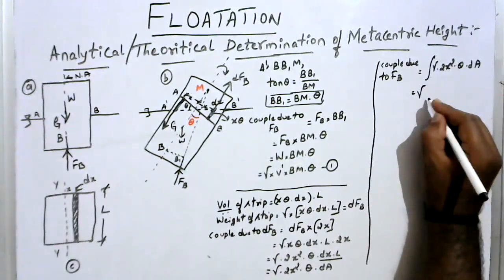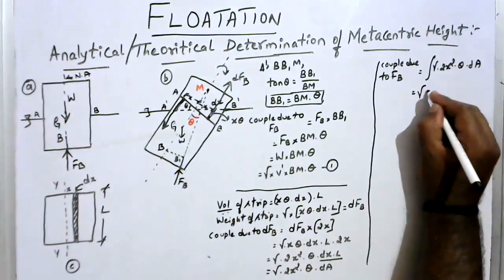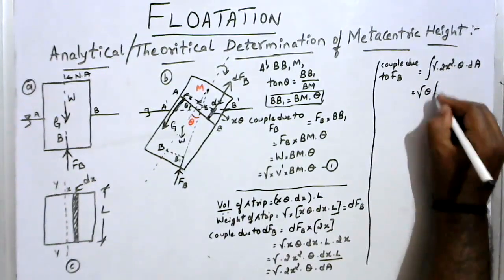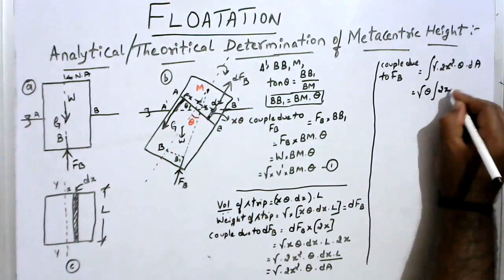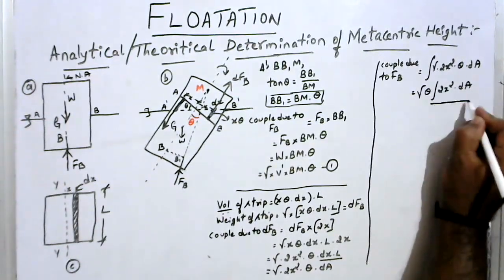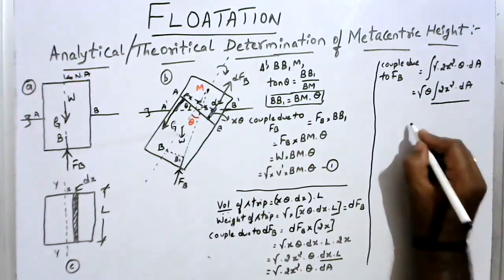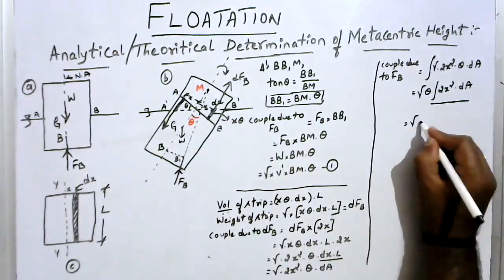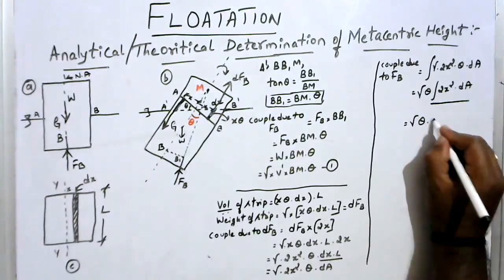Gamma is constant, so I'll take it outside. Theta is also the angle of oscillation. The remaining is 2x square into dA.